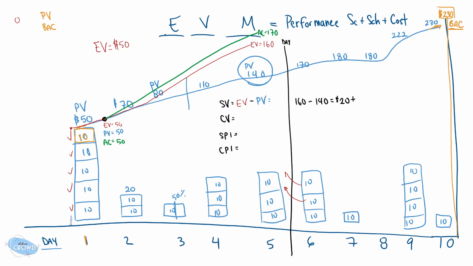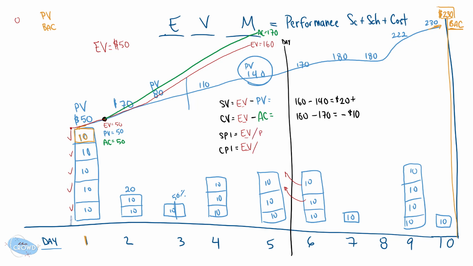Okay, the cost variance: we are looking at 2 values, the earned value, again, minus the cost to earn it, the actual cost. Plug in those numbers, 160 like before, this time minus 170, which gives us a negative $10 in value. The schedule performance index uses the same numbers, but we are going to divide.